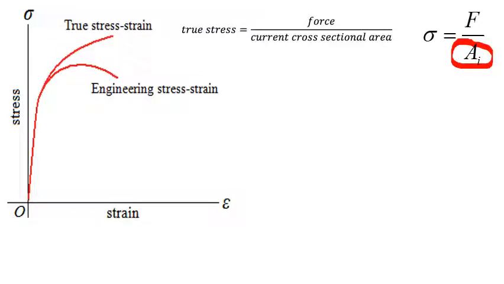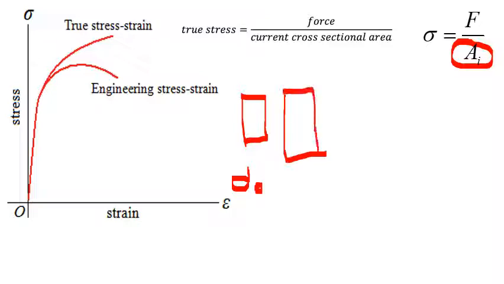For example, as we saw in the previous slide, I will have the original diameter, d naught. When the length increases, d naught changes to di, the instantaneous diameter. Say it was 12, it will decrease to 11.5.